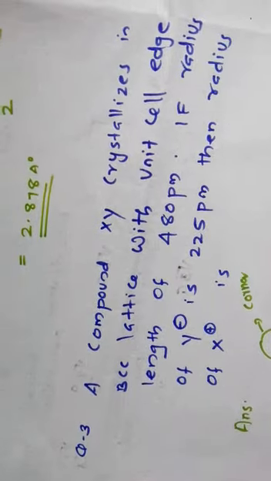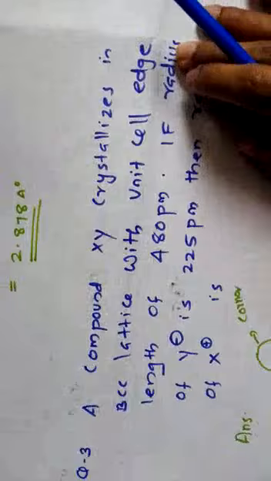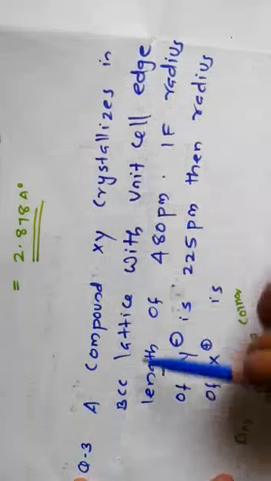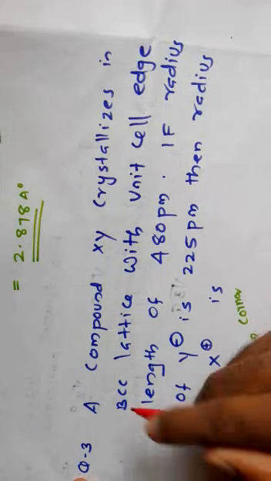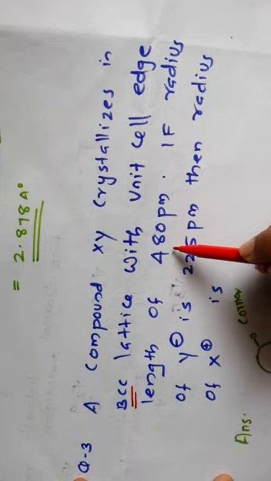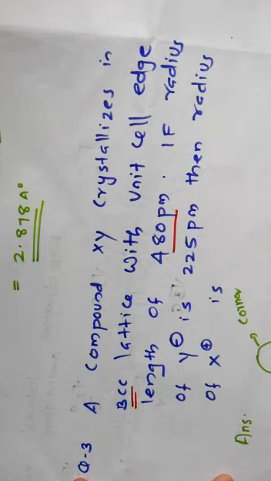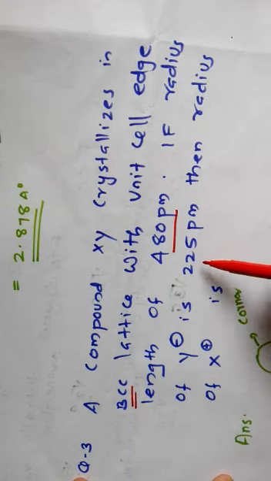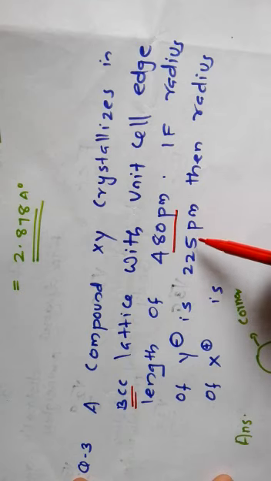See this question. A compound XY crystallizes in a BCC lattice with unit cell edge length 480 picometer. If the radius of Y minus is 225 picometer, then find the radius of X plus.